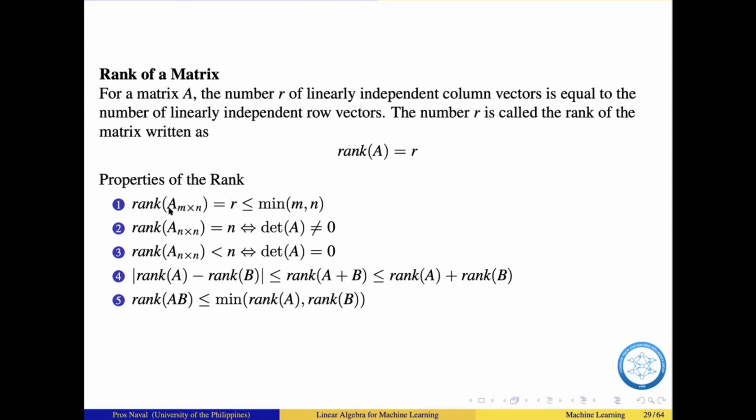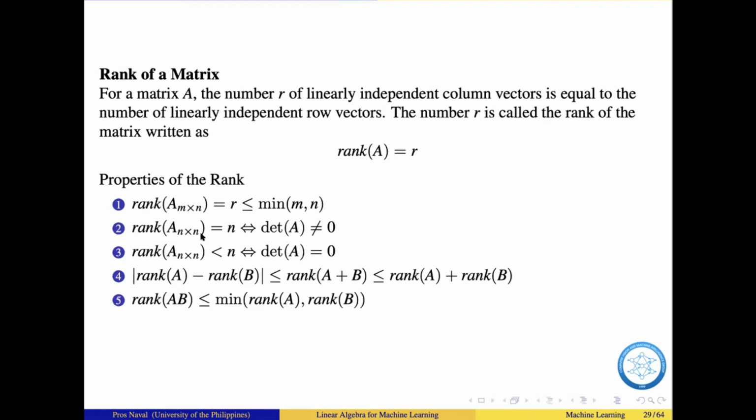The rank of an m by n matrix is always less than or equal to the minimum, the lower of the two values. So if you have a 3 by 2 matrix, that matrix cannot have a rank of 3. It can have a rank of 2 and also 1, of course.